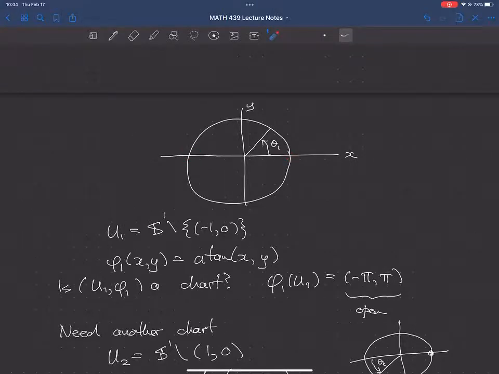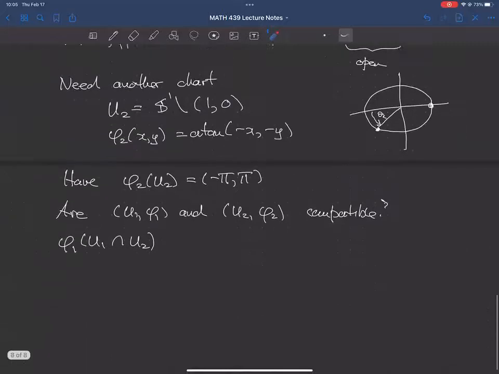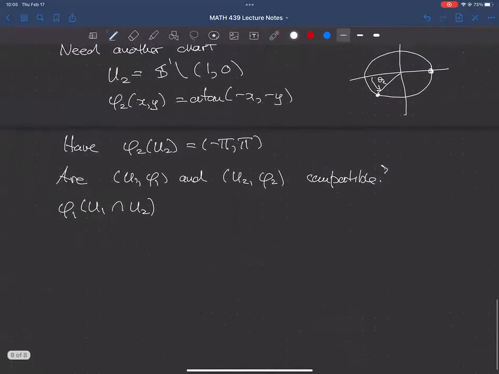So when I take the image of U1 intersect U2, I'm going to take the angles minus the angle for that point, which is pi, and the angle for this point, which is 0. The point is that this is minus pi to 0 union 0 to pi. And similarly for the other angle chart.